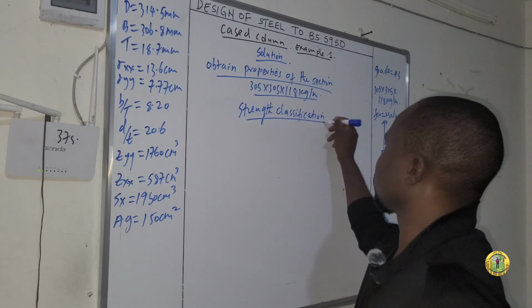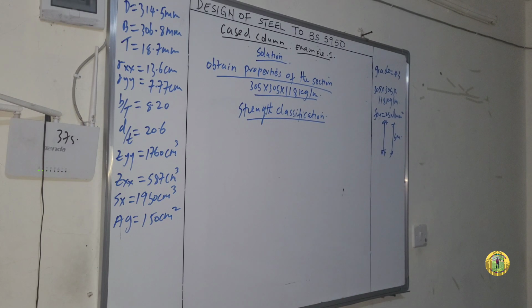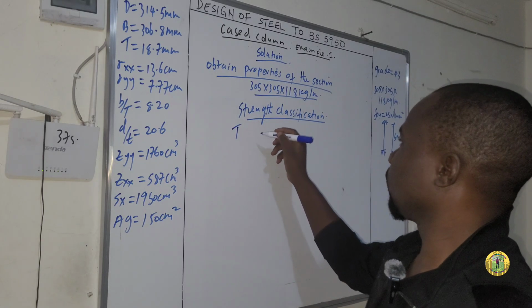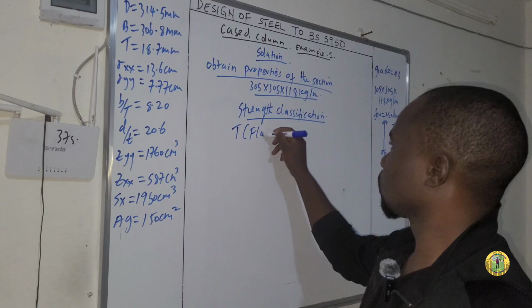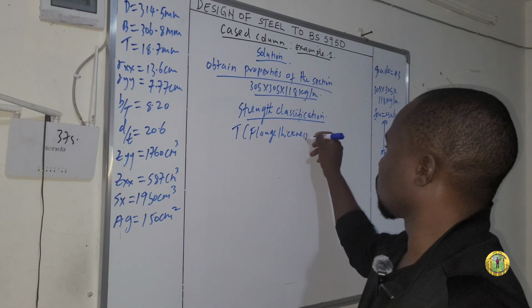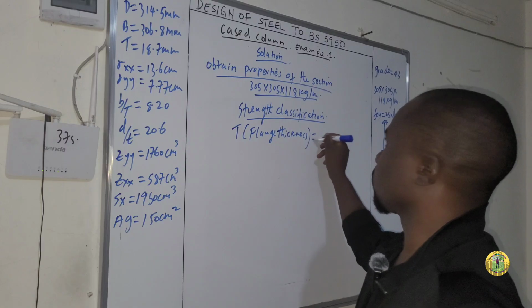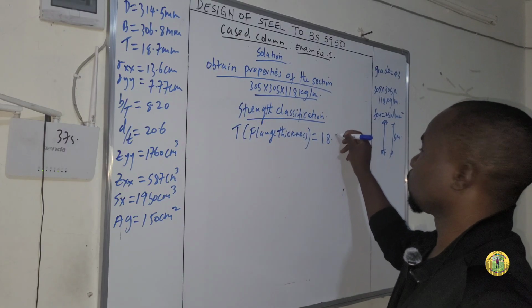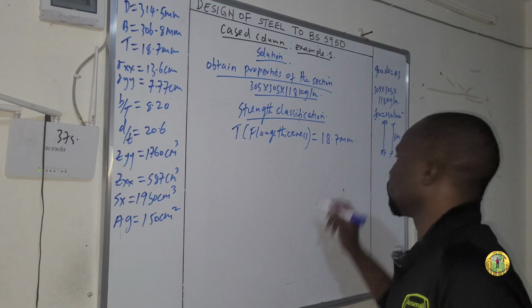For strength classification, we always use T, capital T, which is the flange thickness, and the flange thickness is equal to 18.7 millimeters.